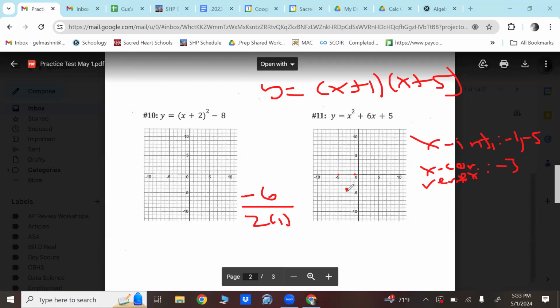And that is sufficient because the x-intercepts already count as 2 points. Find the point in the middle, which is the vertex, and then plug the x coordinate of the vertex into the equation, get the y coordinate that goes with it. That's enough. You're fine.